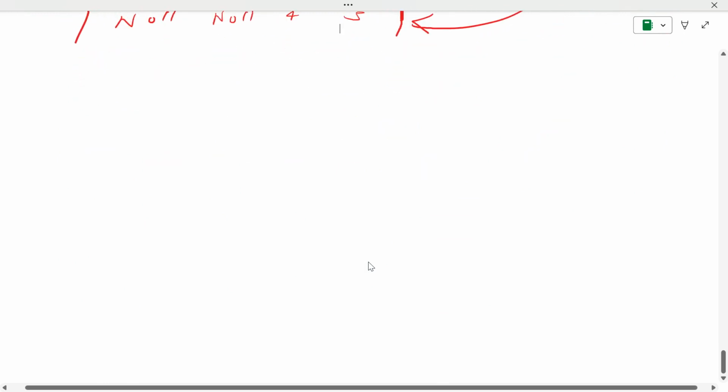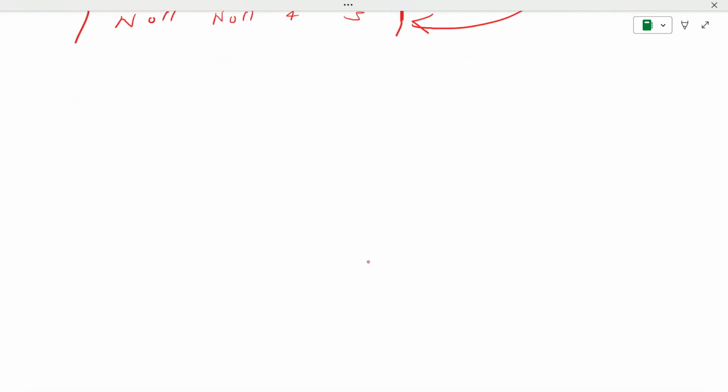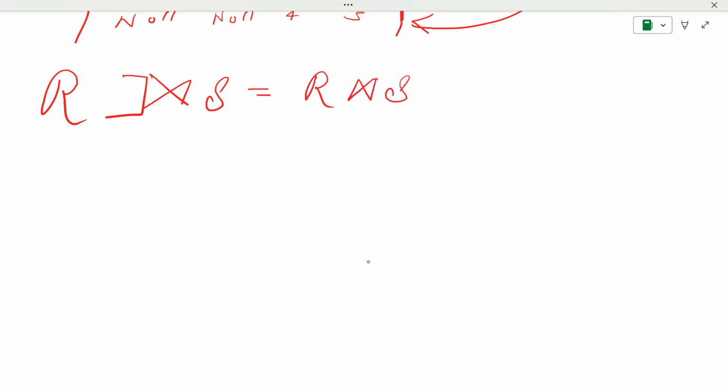So yeah, if you have to write the left outer join, you can write it in this form also. It will be R natural join with S, and then we are doing union, and then the records of R which did not participate in join.